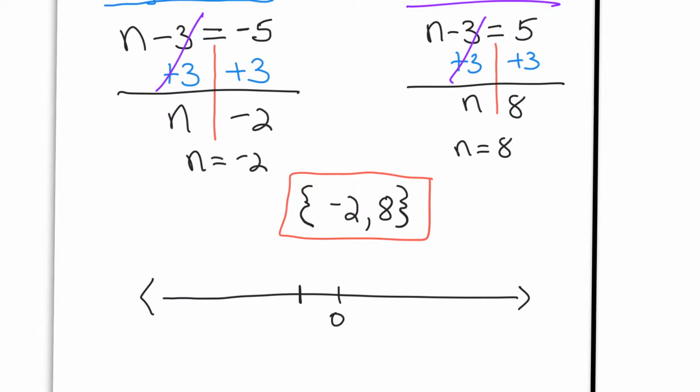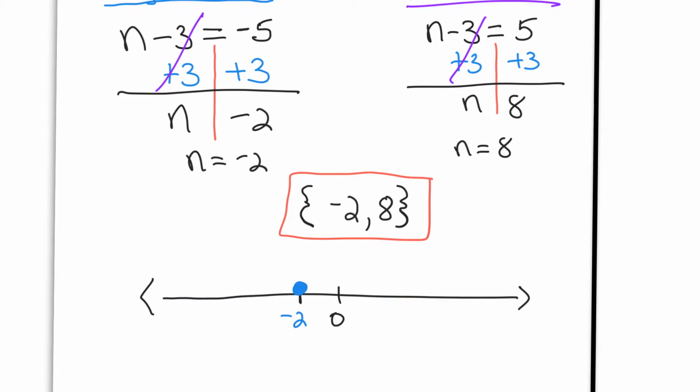So I'm going to put -2 right there, and I'm going to make a circle. That's what we do. We actually plot the solution with the circle, closed or dark circle. Then you have a +8. So I know my +8 is on the right side, and I'm just going to go to +8. 1, 2, 3, 4, 5, 6, 7, 8.